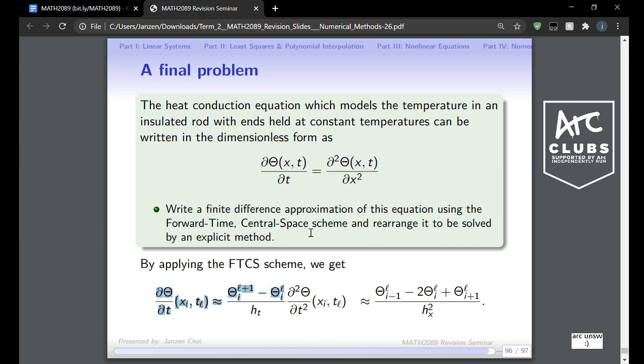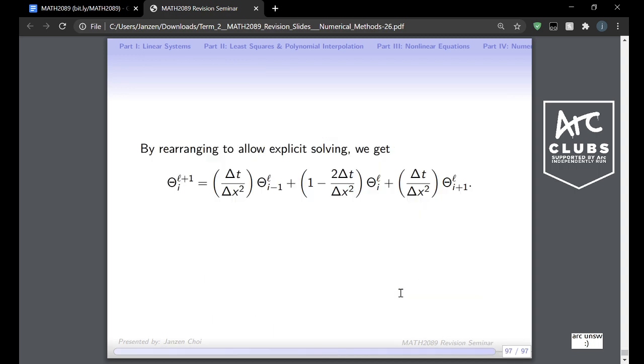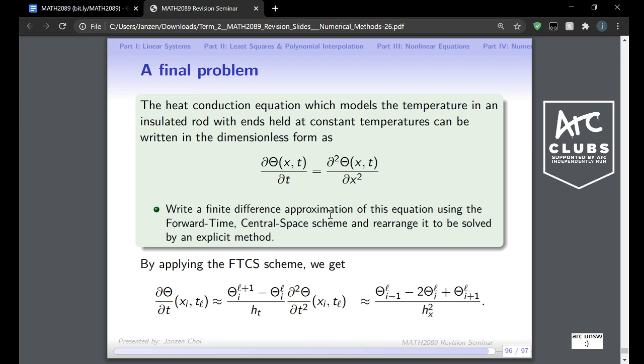Then we approximate the space partial derivative via the second order central difference approximation. And once we get these two expressions, again we're just substituting it back into the original PDE. Since this PDE just equates these two partial derivatives, we can just equate these two discretized expressions here and rearrange them.